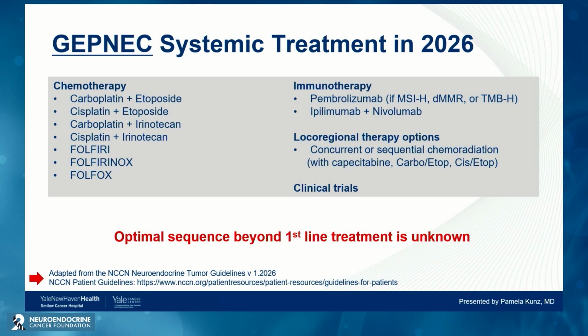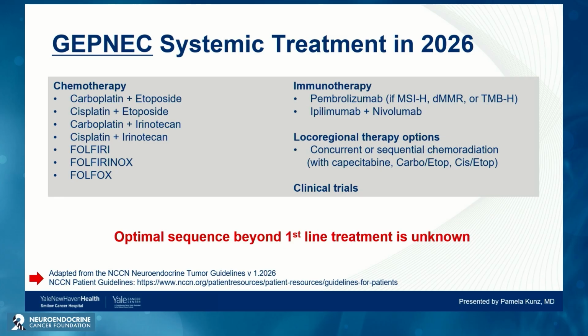So this is an excerpt or an adapted version of the NCCN guidelines again for GEP-NEC systemic treatments in 2026. So I've listed several other types of chemotherapies, but the carboplatin etoposide or cisplatin etoposide is really considered a first line or starting treatment. But then we have several others that we can fall back on in the second line and beyond, including immunotherapy.